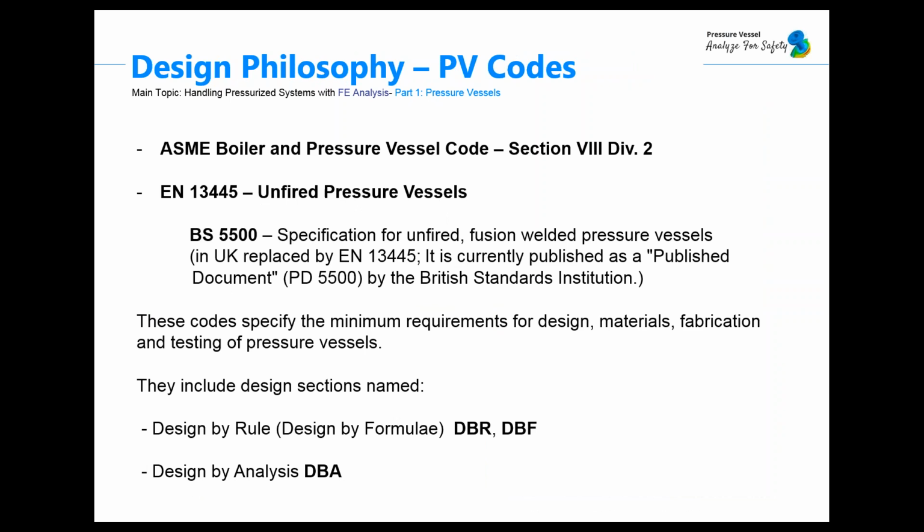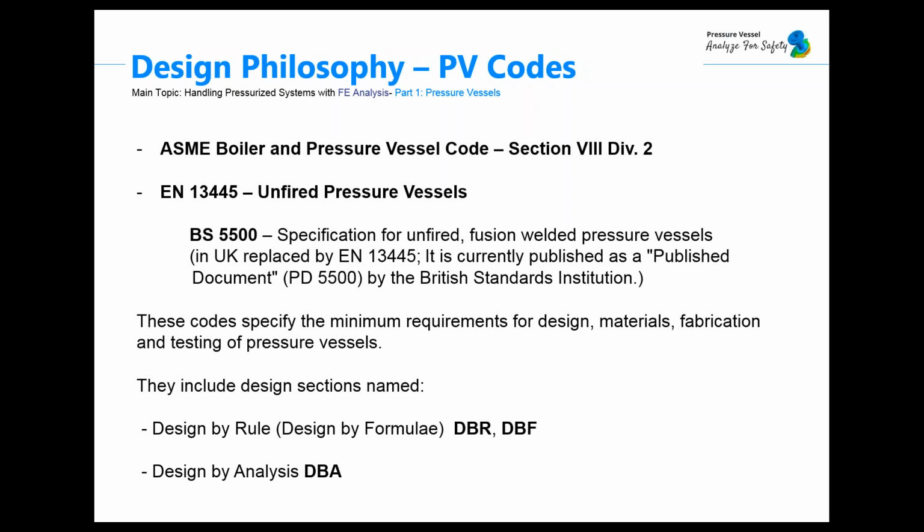So to avoid this catastrophic scenario, the design of pressure vessels is often strictly regulated by codes in order to ensure that the products are safe and functional. Today, two commonly used codes for pressure vessels operating in the process industry are the American ASME code and its European counterpart.